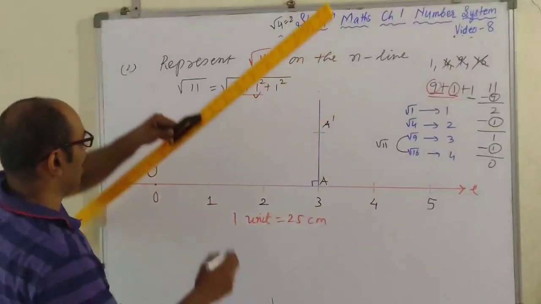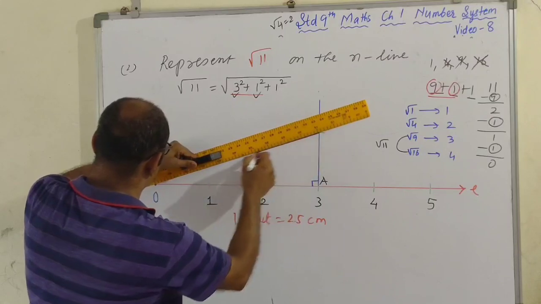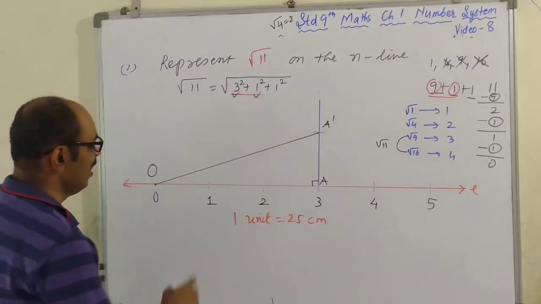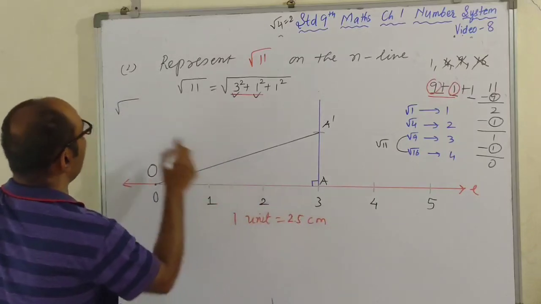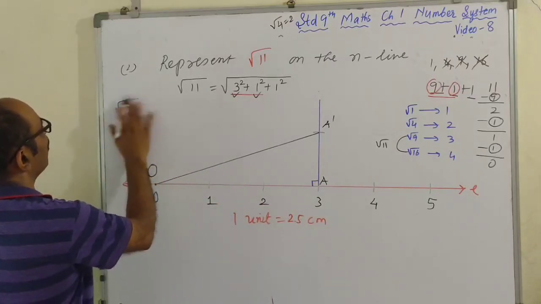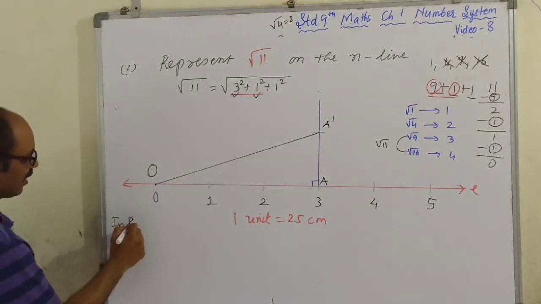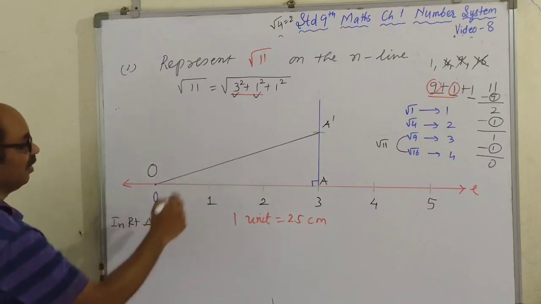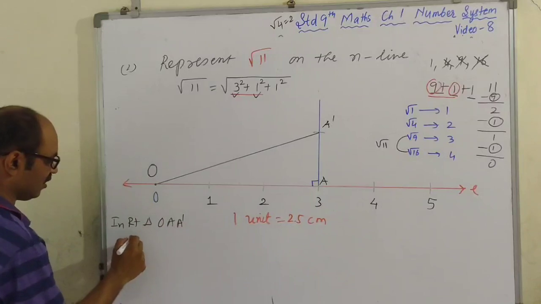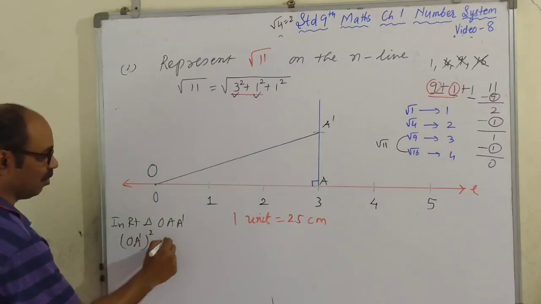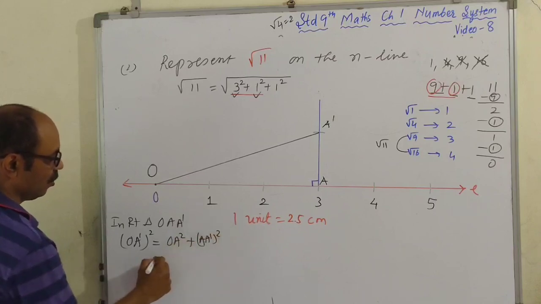चलो, okay. Now I'm drawing A dash O. Children, what is this? O, root 9, है ना? Sorry, this. Okay, fine. By Pythagoras, in right triangle OAA dash, OA dash square, क्योंकि ये लिखना तो है ही आपको, OA square plus AA dash square.